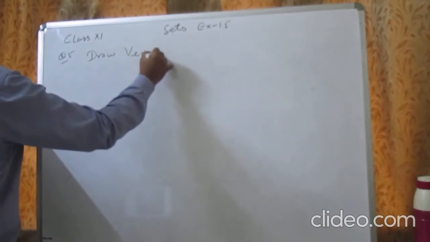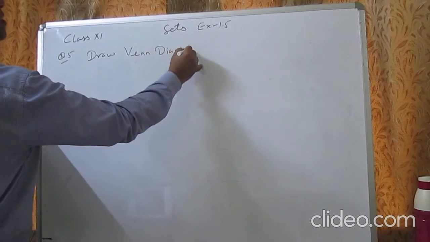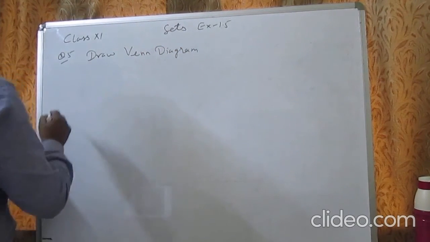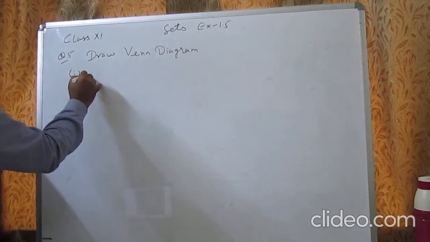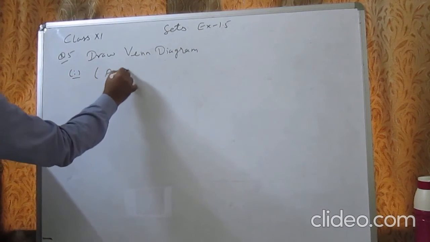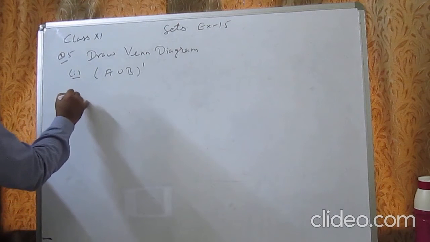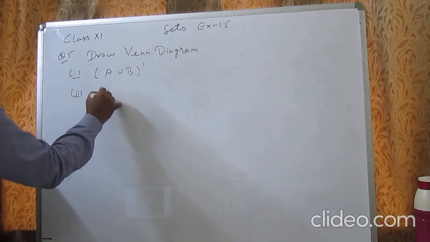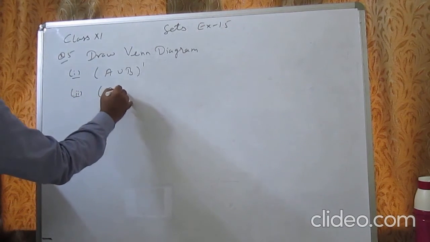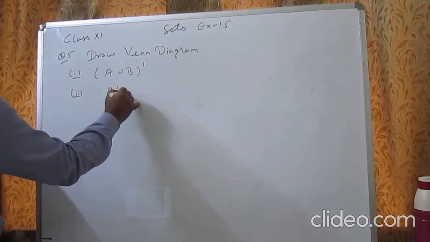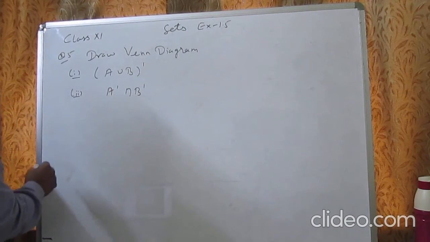Question number 5. Draw appropriate Venn diagram. Number 1, A union B complement. Second, A intersection A complement intersection B complement.